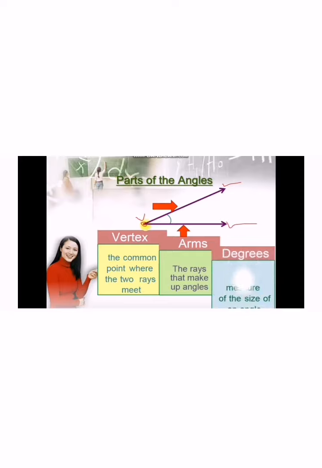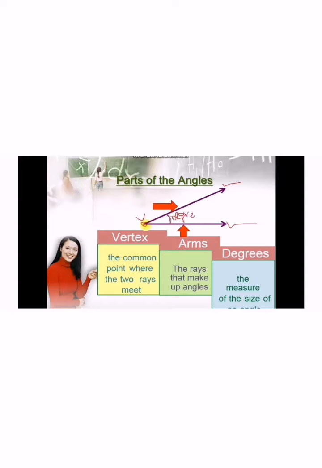Now the third part is the degree. The measure of the size of the angle is known as the degree. Here where two arms meet, the outer part is known as the vertex and the inner part is known as the degree.